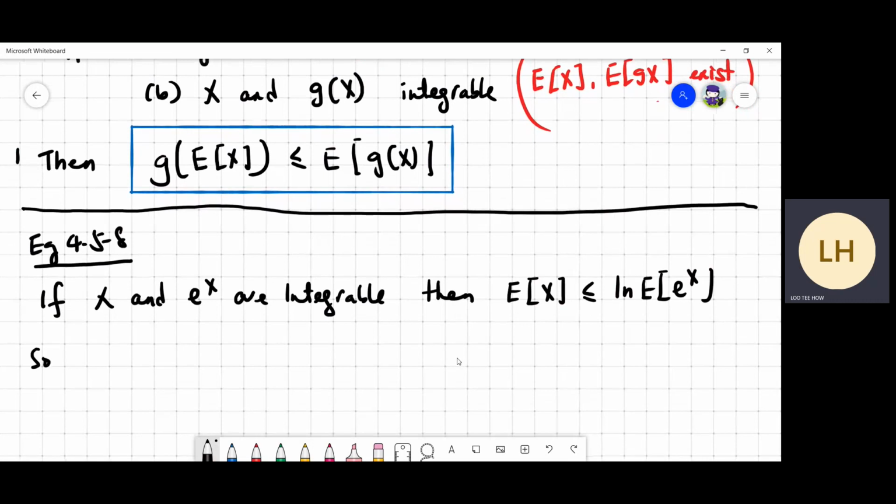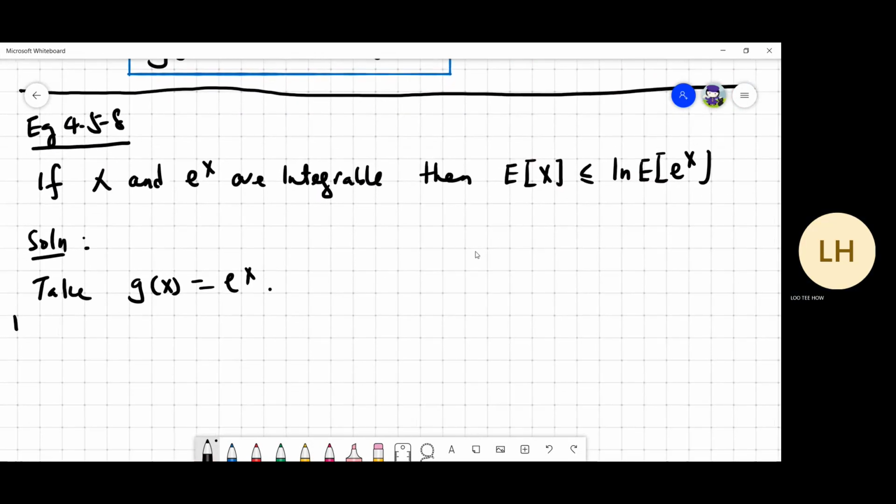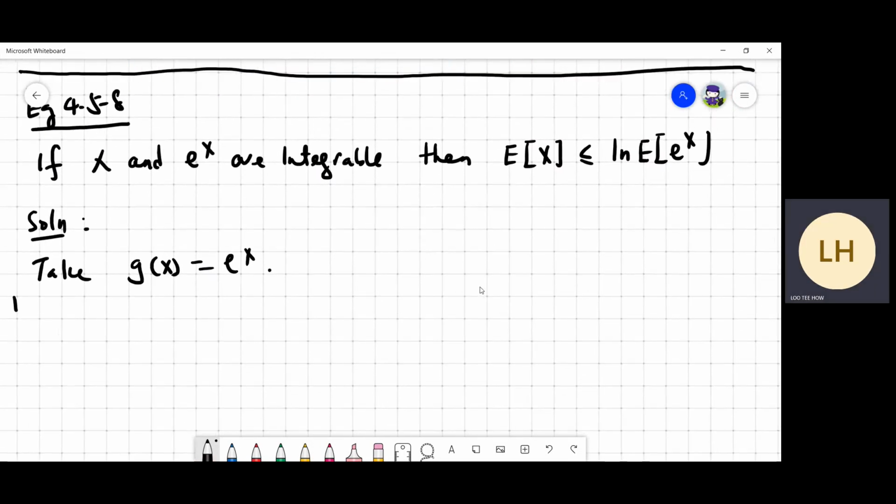What we can do is construct a convex function and then apply the Jensen inequality. First we take g(x) to be e^x.